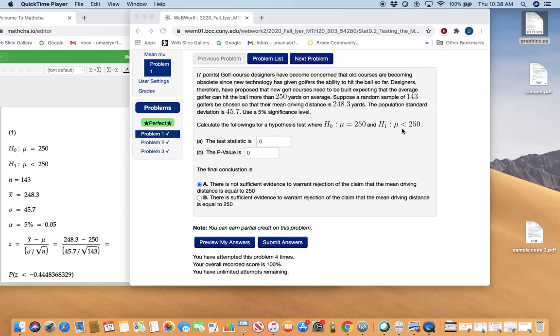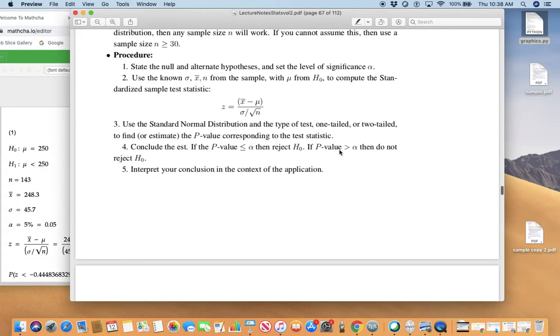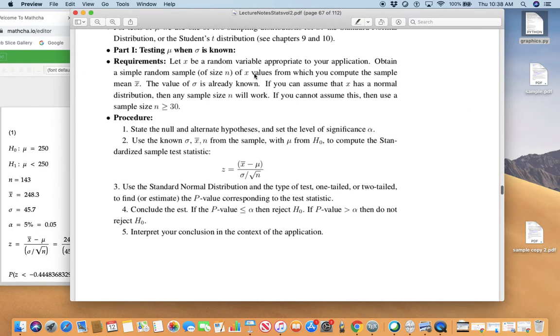So this is a left-tailed test. Okay. So you want to find the test statistic. Notice in this case, you are given the population standard deviation. In other words, you know sigma. So this is the formula that you need to use.